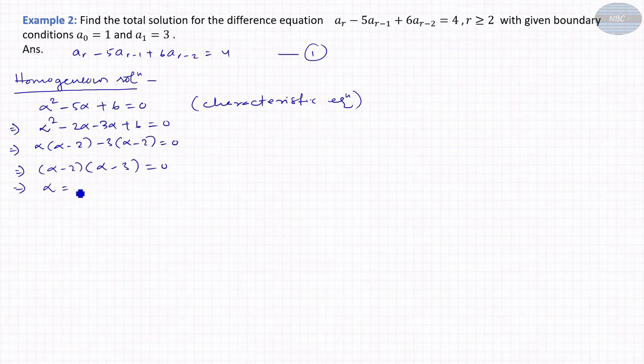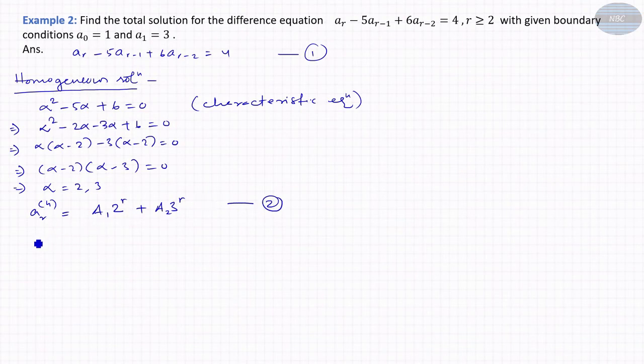This implies alpha is equal to 2, 3. Okay, so we have distinct roots 2 and 3. So the homogeneous solution can be written as a_r^H is equal to a1 into 2 to the power r plus a2 into 3 to the power r. So let it be equation number 2.